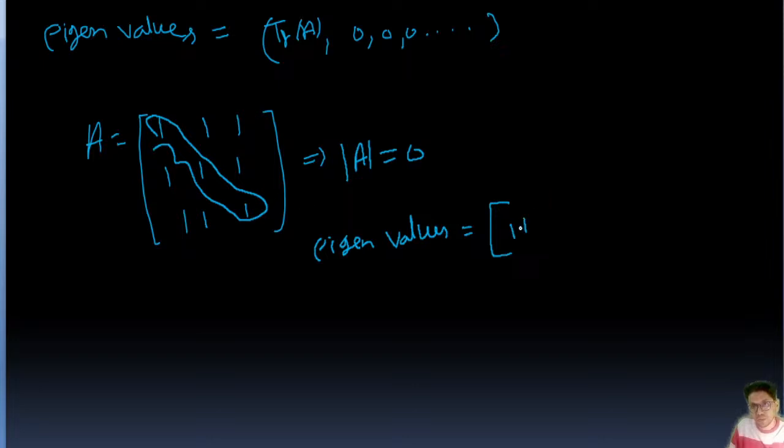This is 1 plus 1 plus 1, comma 0, comma 0. Okay, so this is going to be 3, 0, 0. These are the eigenvalues for a 3 cross 3 matrix.